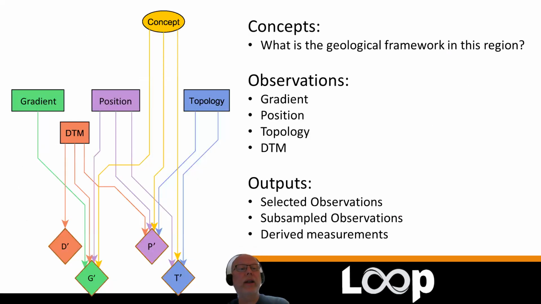So what does this look like? Well, we have all sorts of different types of information in these data layers. We have positional information, such as the location of a fault or the location of an outcrop measurement. We have gradient information, so the dip of bedding or faults. Topological information, so the relationship, spatial or temporal, between two geological features.